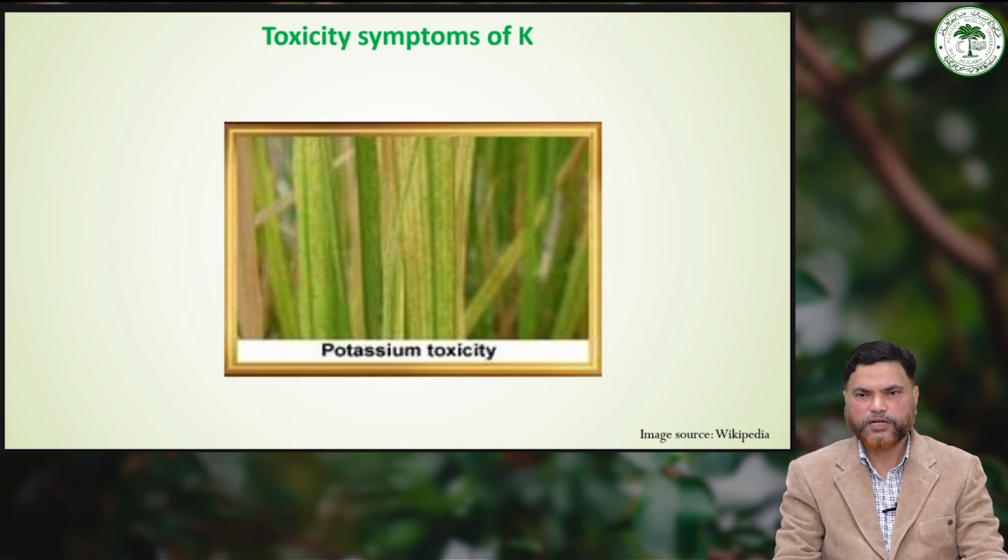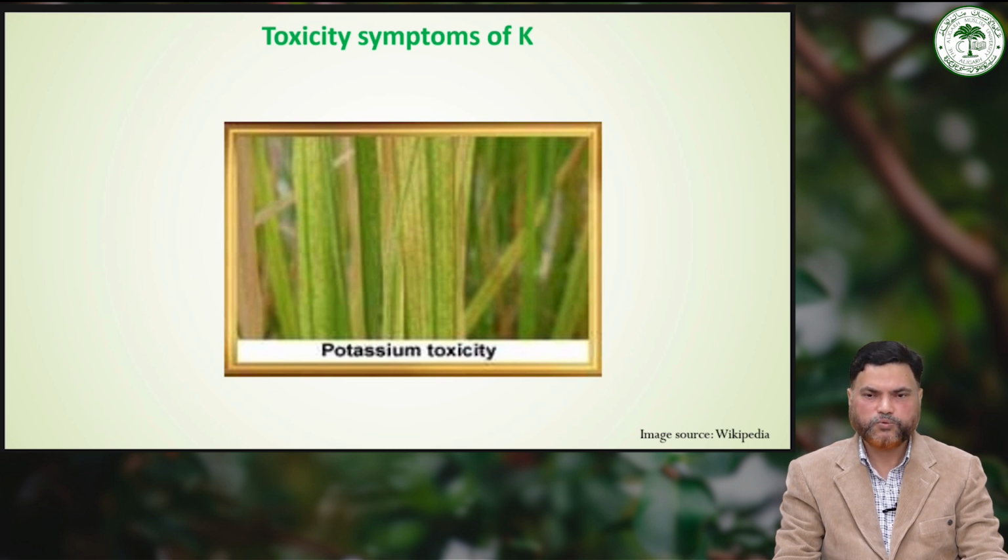So, what happens is that a high level of potassium could reduce the uptake of other essential nutrients, leading to imbalance in plant nutrition. A plant may exhibit symptoms of wilting and dehydration despite sufficient water availability due to potassium toxicity.